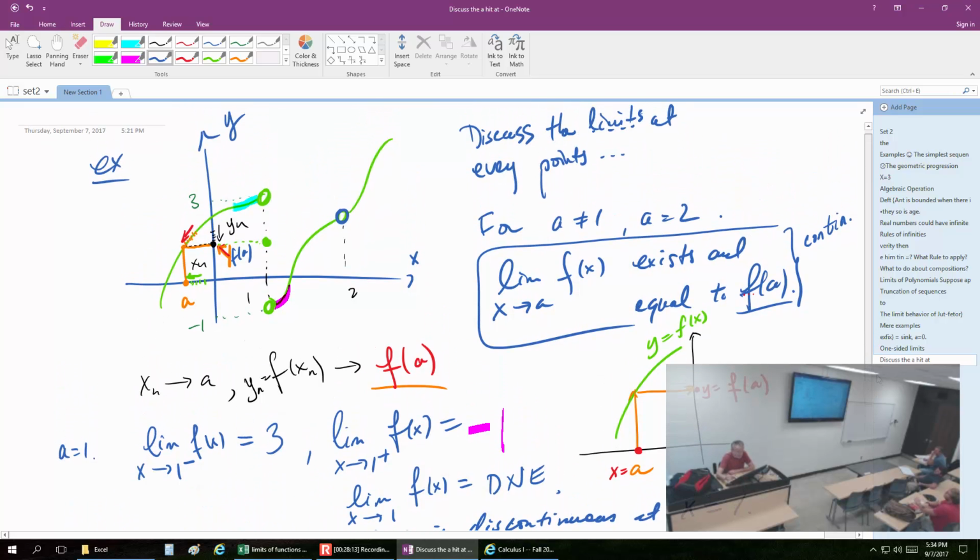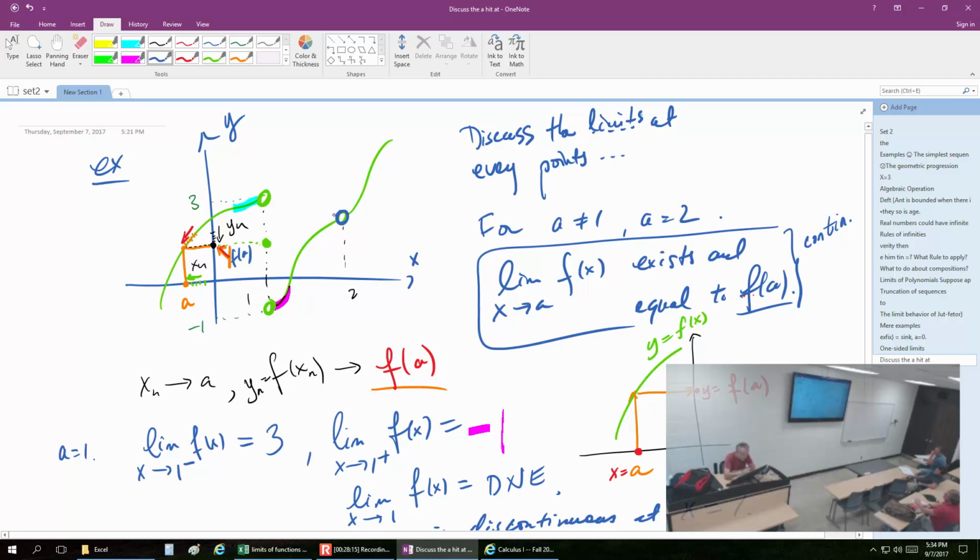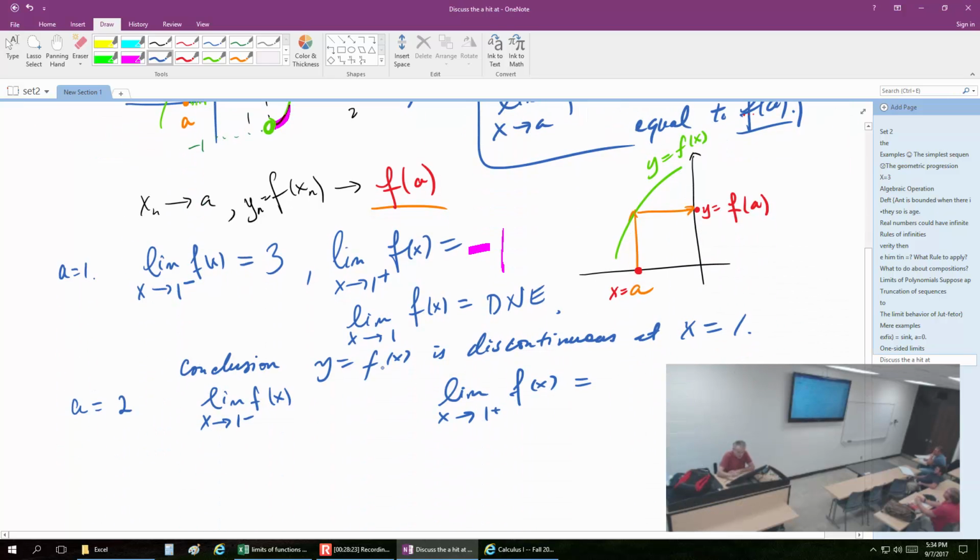Point something. 2. Yeah, it looks like this is the important point, so maybe 2.5 or something like that. Okay, so in fact it is the same for both of them, right? And in fact, the two-sided limit is 2.5 as well.